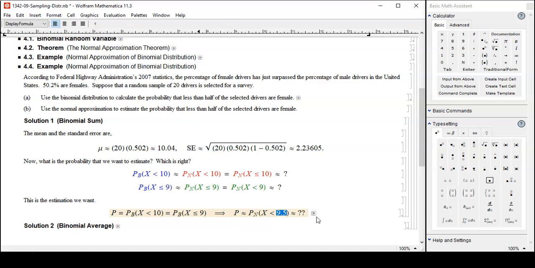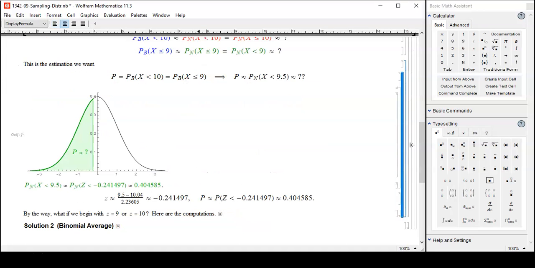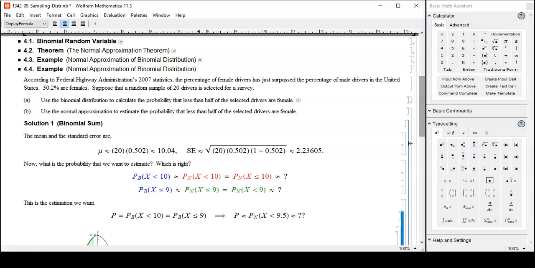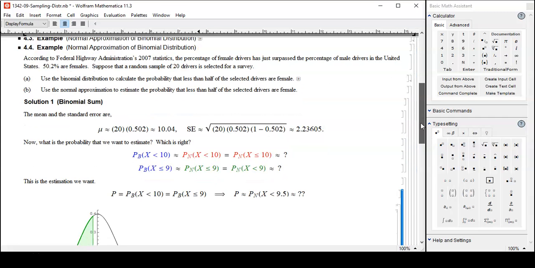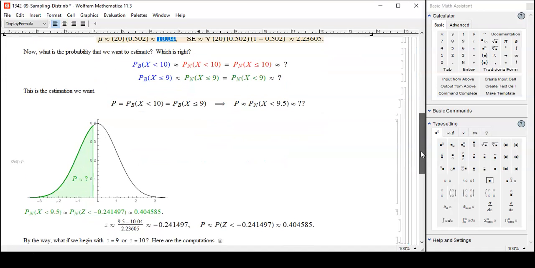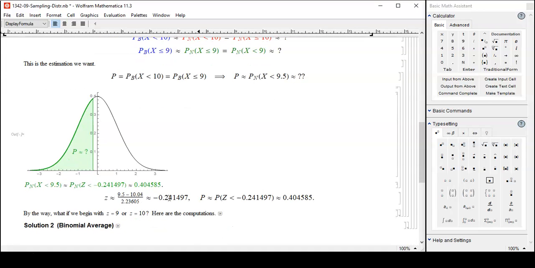If you do that, then the sampling distribution of sample sum method will yield a pretty good approximation. So if you do 9.5, and then what is the expected value, by the way? Oh yeah, 10.04. So center is 10.04, 9.5 is there, and you can calculate n minus center over SE, do this z-score computation, yeah, like this.